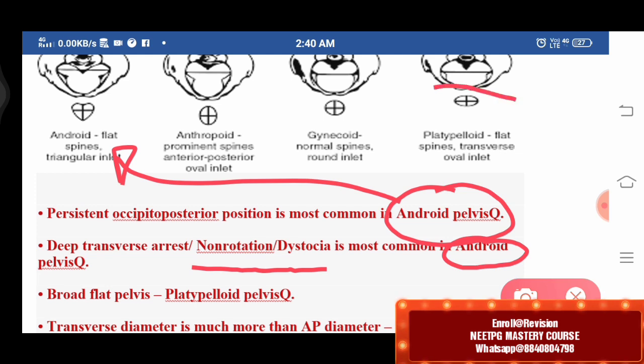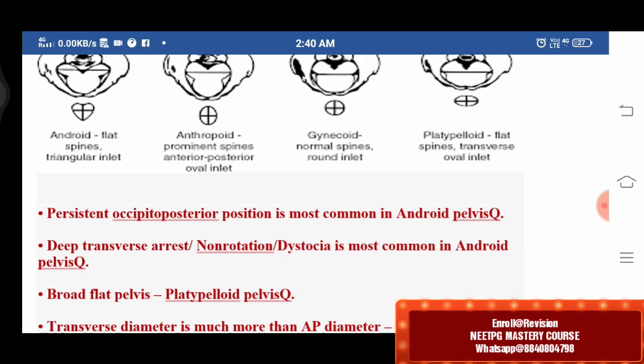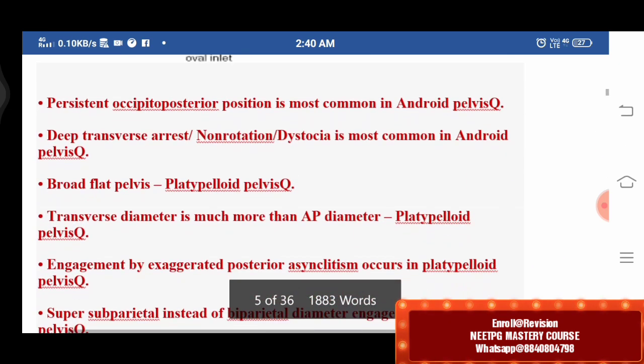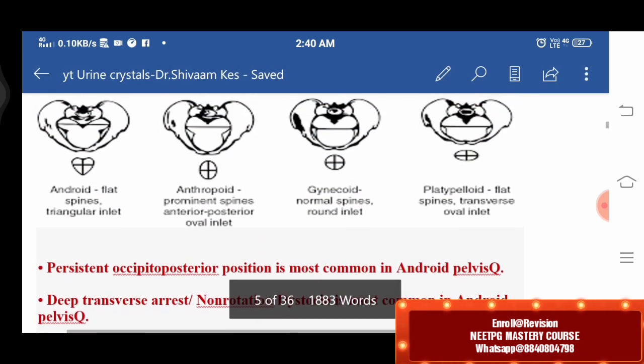Now something with the rarest type of pelvis, that is platypelloid, which is a flat type of pelvis. So broad flat pelvis is platypelloid pelvis, where the transverse diameter is much more than the anteroposterior diameter.